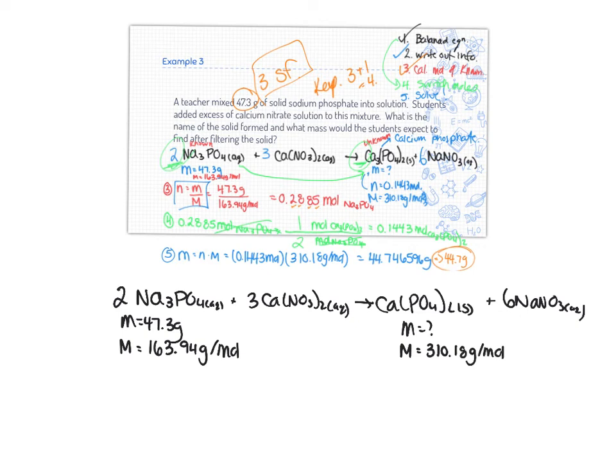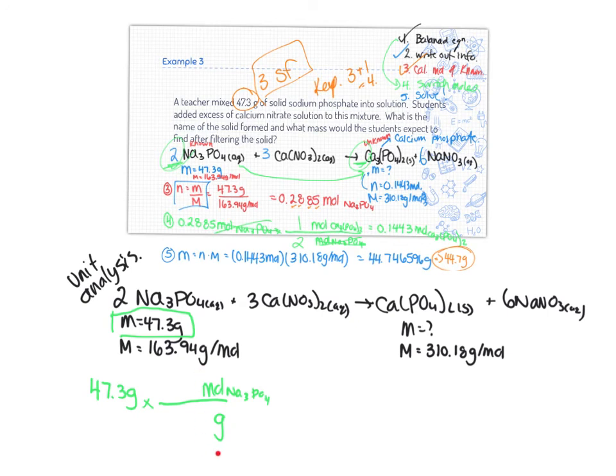All right, this is called unit analysis. The way that this works is we're going to start with our only piece of information, our known information, 47.3 grams. I need to cancel grams, and my first step was always to find moles, and that would have been of Na3PO4 in this case.